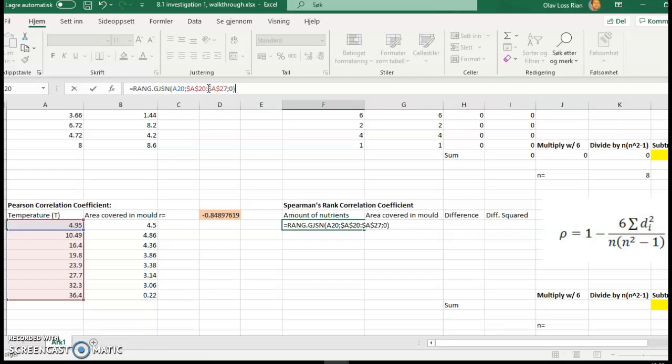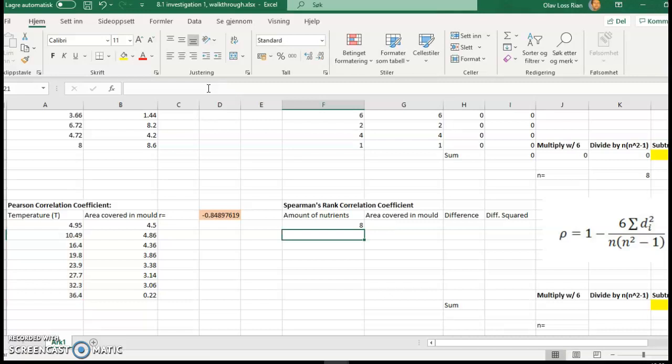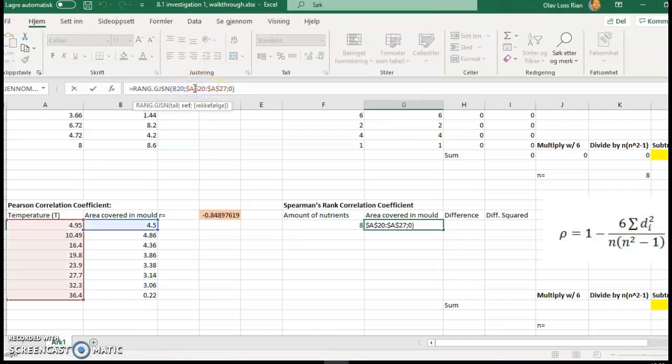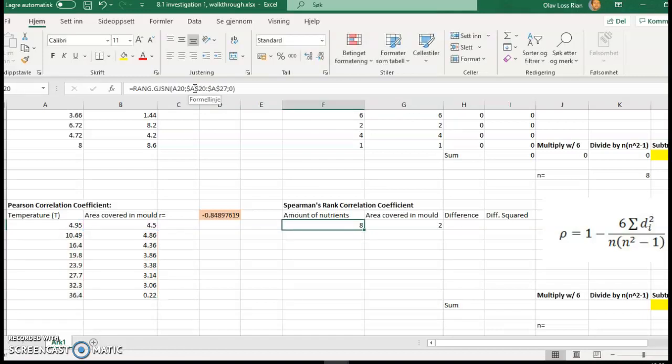So this is what the formula should look like. And we can copy that to the next cell and just make a change to B. All right, so we'll copy these down like this.